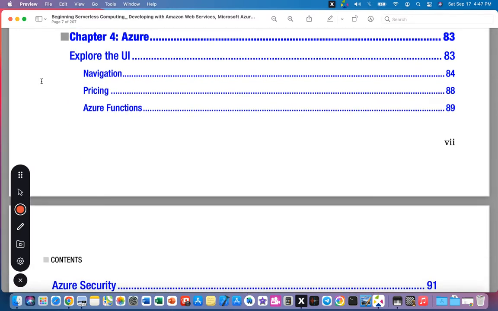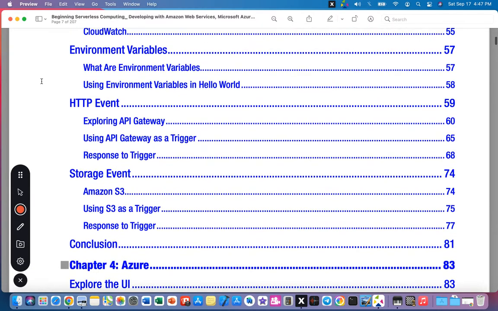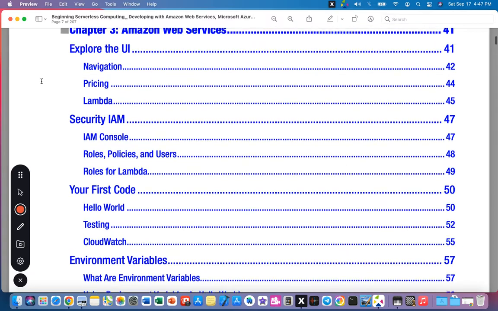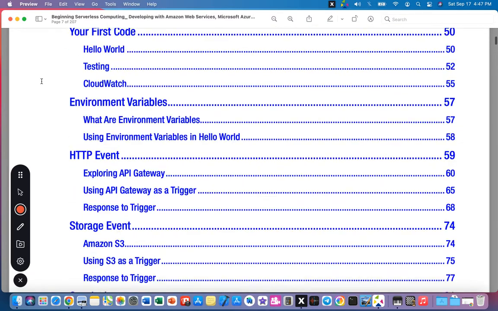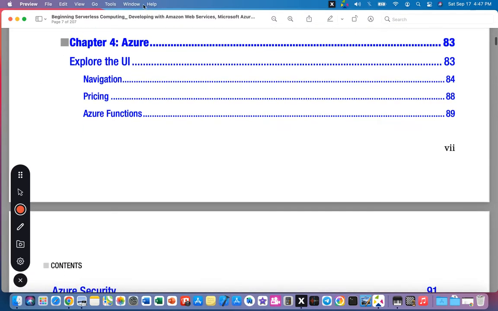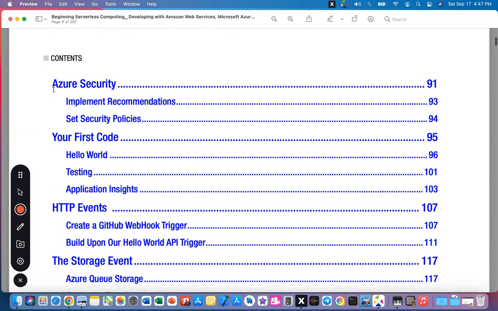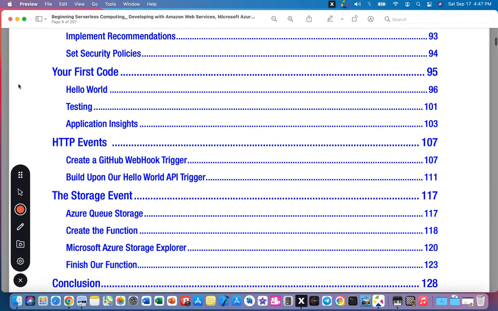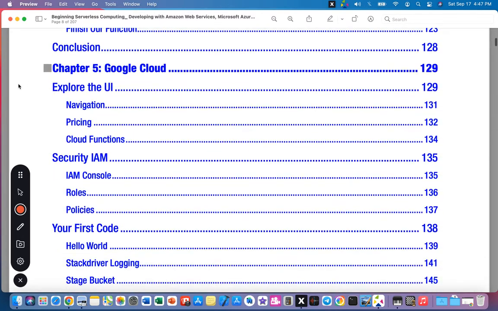which talks about the second product. We covered AWS from Amazon. The second one is going to cover Azure from Microsoft. Again, exploring the user interface, security, first code, HTTP events, storage events, and conclusion.